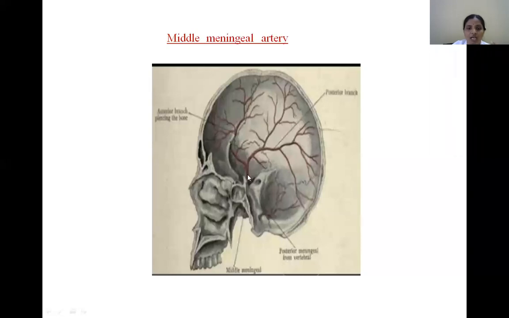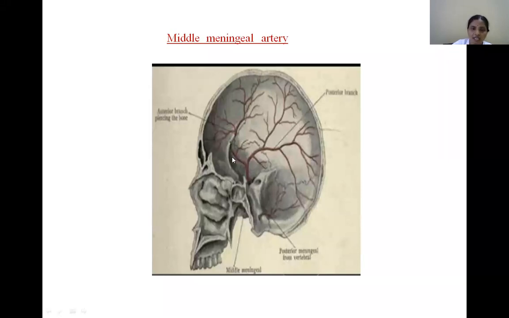So most of the dura mater is supplied by the middle meningeal artery. Immediately after entering the middle cranial fossa, it divides into two branches. This is the anterior or frontal branch, and this is the posterior or parietal branch.